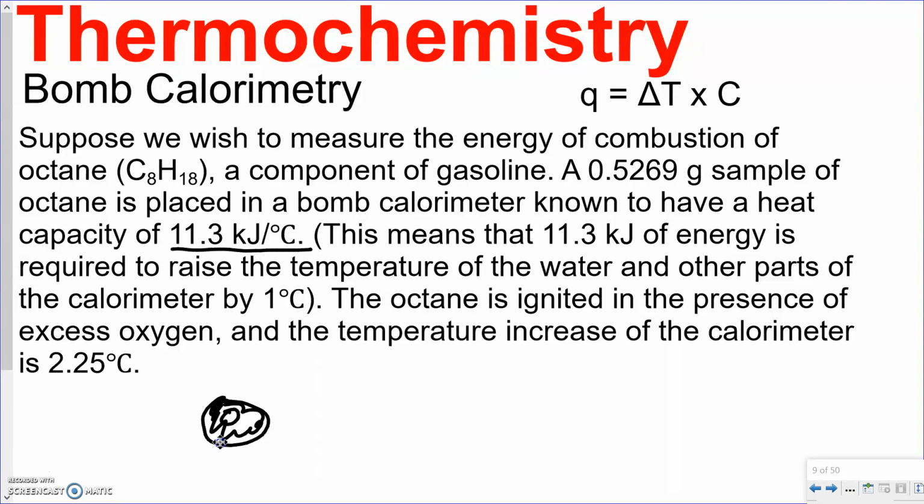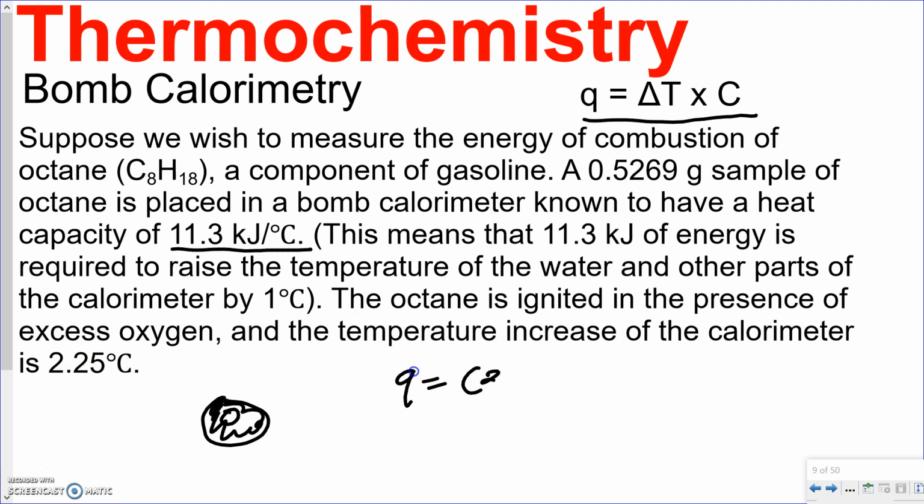The octane is ignited in the presence of excess oxygen, and the temperature of the calorimeter increases by 2.25 degrees Celsius. So a bomb calorimeter equation is a little bit different. It's Q equals delta T times C, and the reason why grams are gone is because, again, it's a standardized C value. So pretty straightforward to calculate here. We have a change in temperature of 2.25, so we don't have to do any math there.